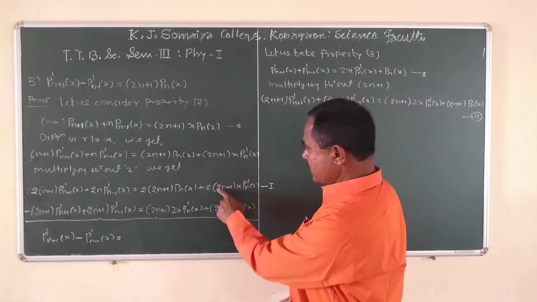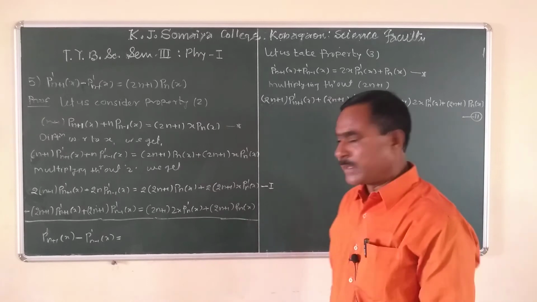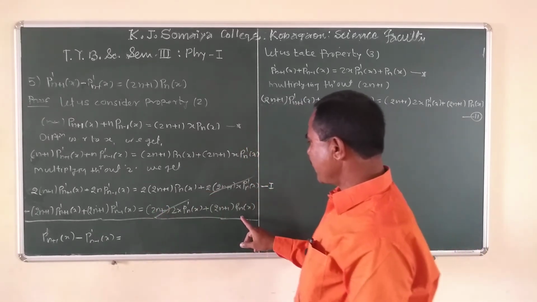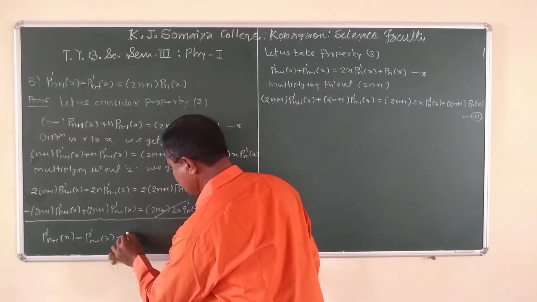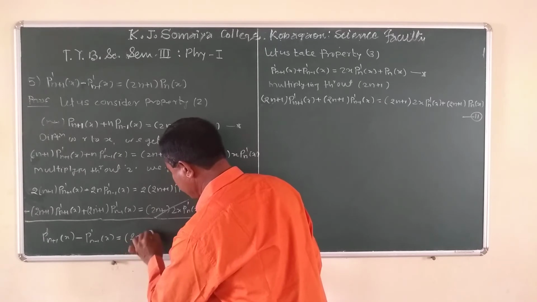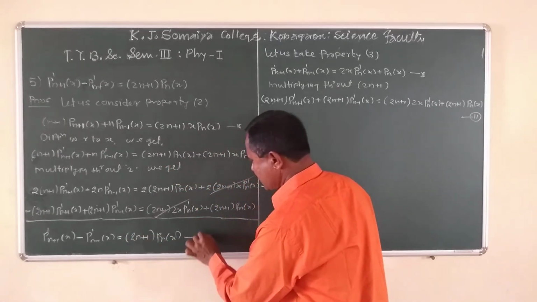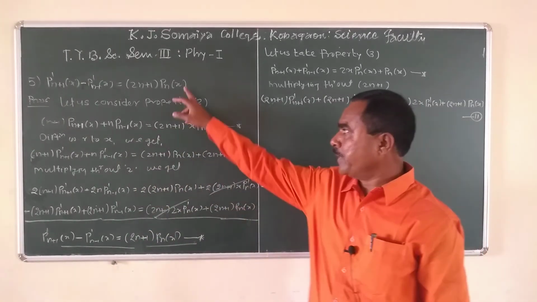The term 2x (2n+1) P'_n(x) also gets cancelled here. So we write (2n+1) P_n(x). So this is the proof of the fifth property.